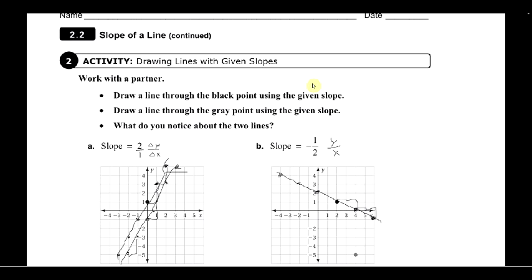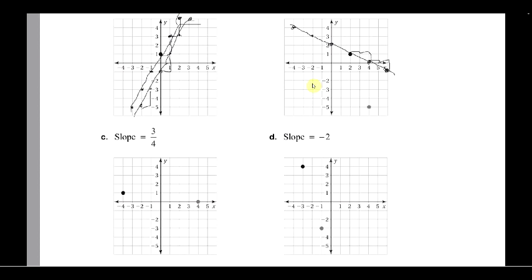Go ahead and do the same thing for the gray dot. For this one, we have a change in y over the change in x of 4, up 3. That's positive. I'm going to go over 1, 2, 3, 4, up 1, 2, 3, just so you can see all those counts. And then down here, it's the same thing, except you see how we can't quite go over 1, 2, 3, 4, and then up 1, 2, 3.